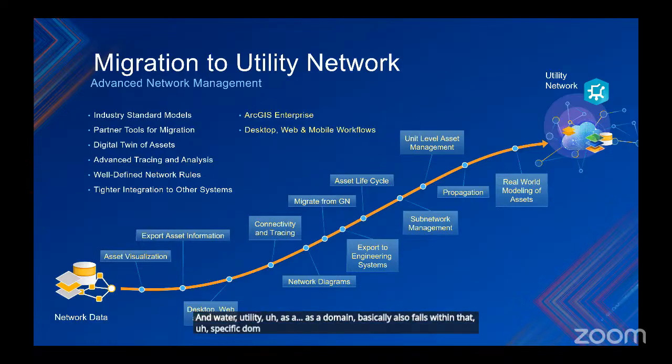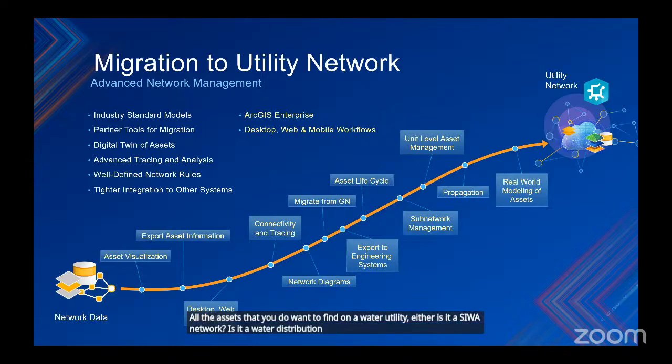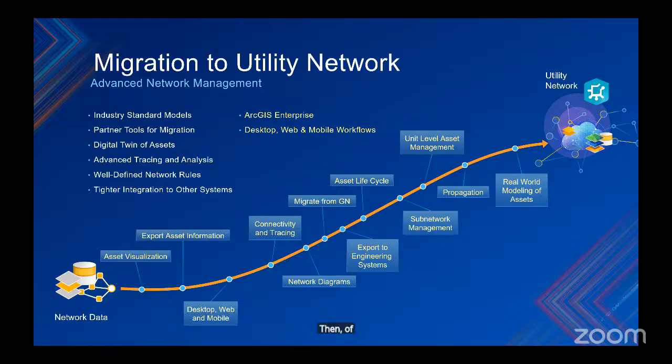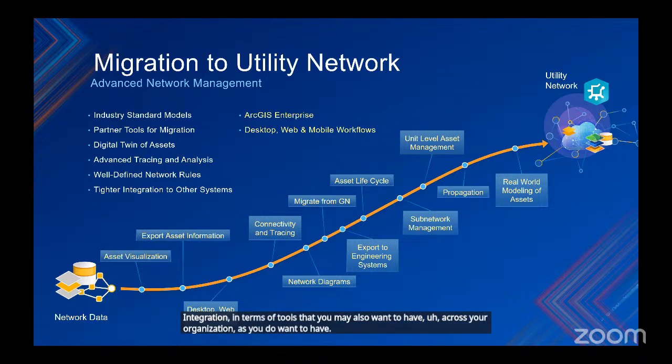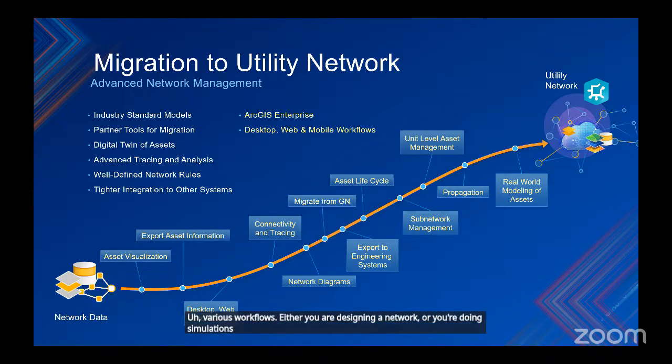You want industry-standard data models that capture all the workflows and all the assets you want to find on a water utility, be it a sewer network or a water distribution network, all in one. Then you also want to do partner integration in terms of tools you may have across your organization for various workflows, either designing a network or doing simulations. With ArcGIS Utility Network, you'll be able to do these partner integrations.